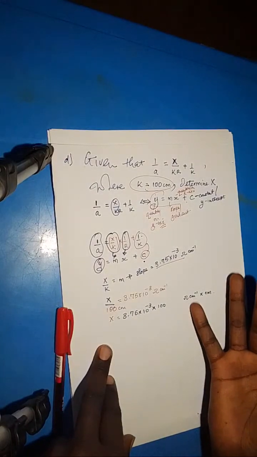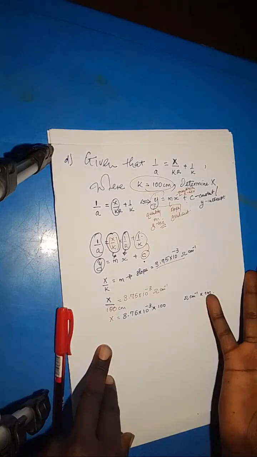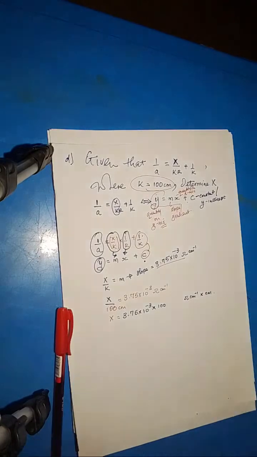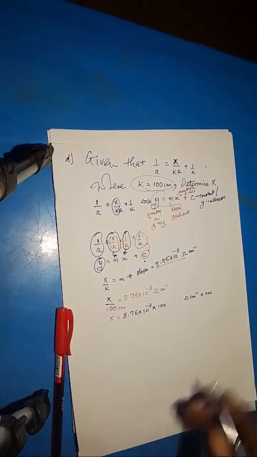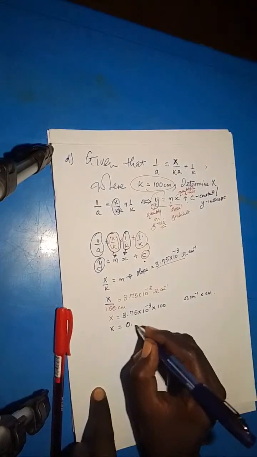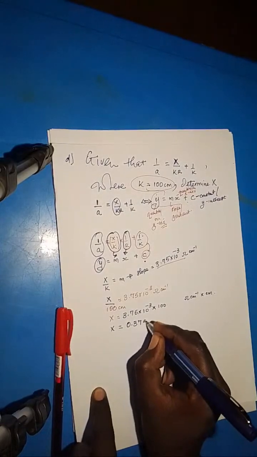I think this one is on the lower side and this one is on the upper side. Therefore, this will cancel out. Therefore, I'll say 3.75 times 10 raised to power negative 3 times 100, it gives me that x is equals to 0.375.